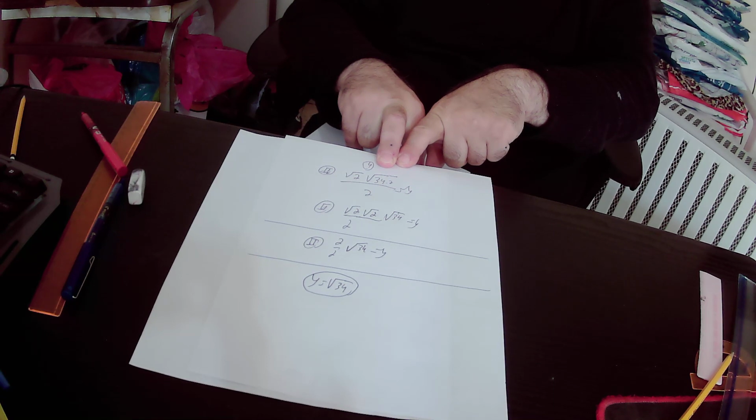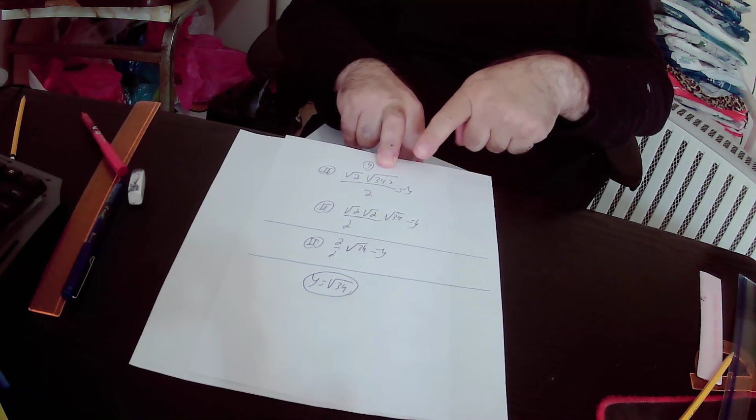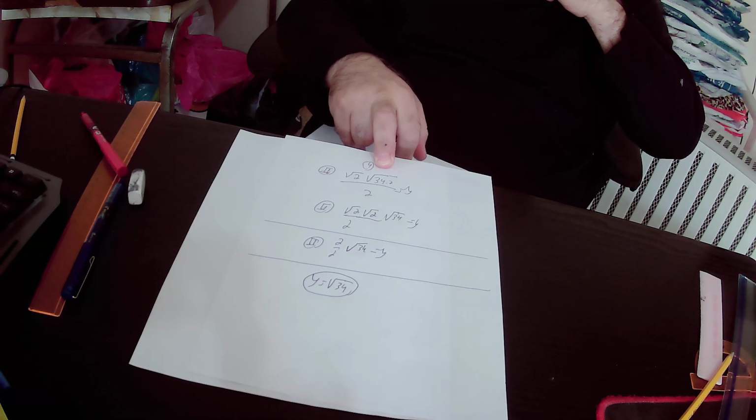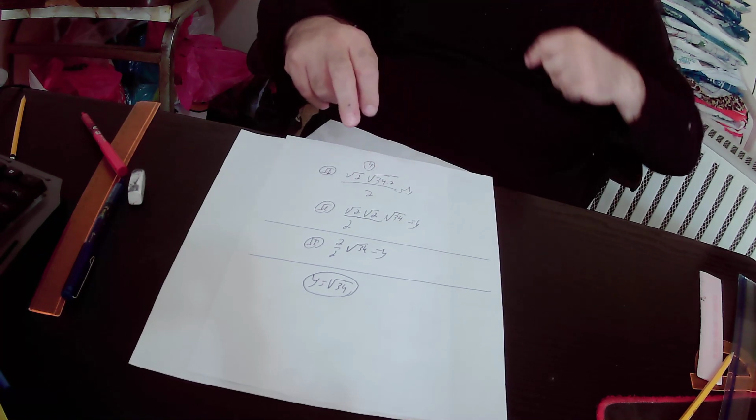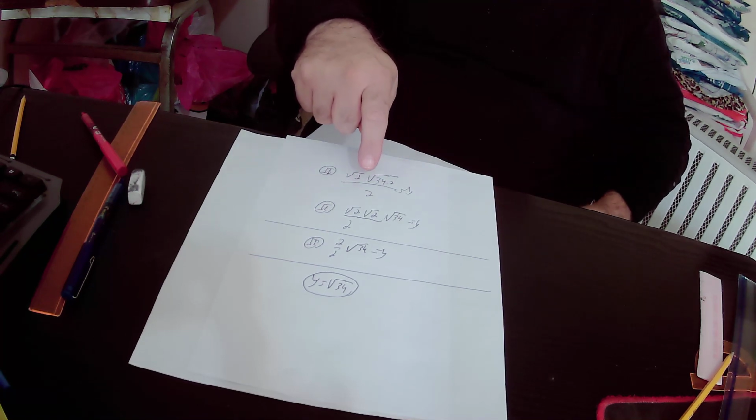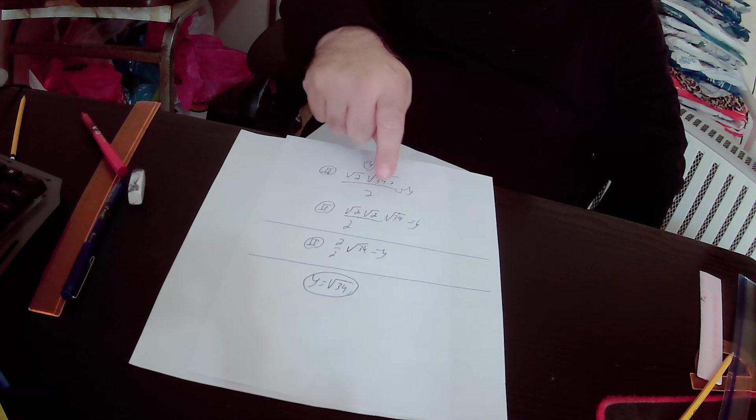That is to say, the root of 34 times 2 equals the root of 2 times root 34. And we know that root 2 times root 2 is 2.